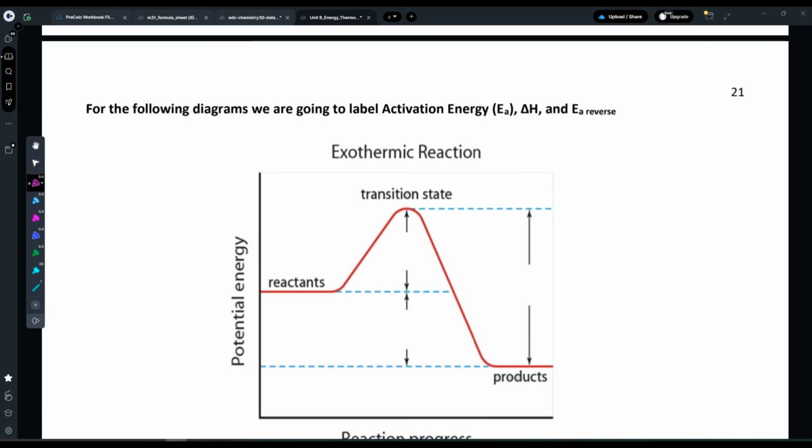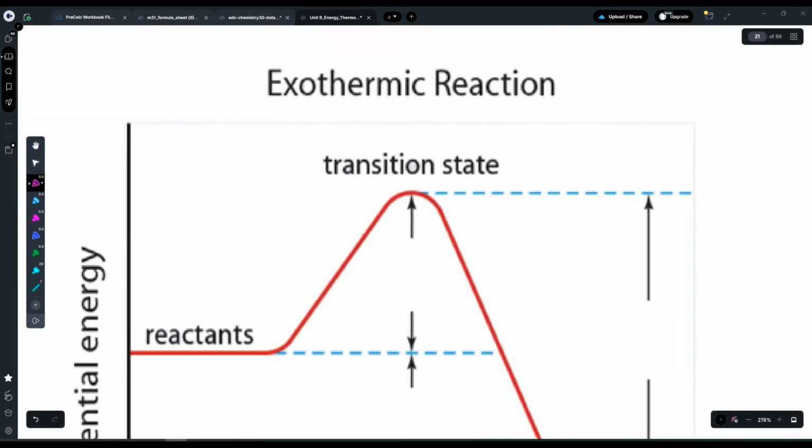We're reading this diagram from left to right, starting at our reactants and ending up with our products. So how much energy you need to get over this hill from the potential energy of your reactants would be right here. So EA, forward. That's from here all the way to the top of the hill.